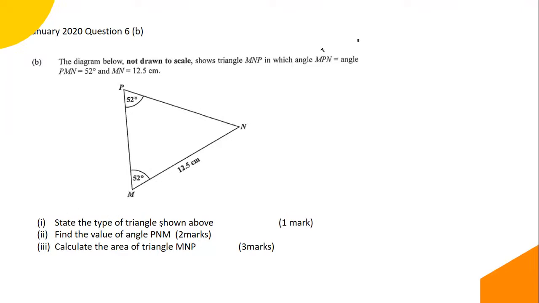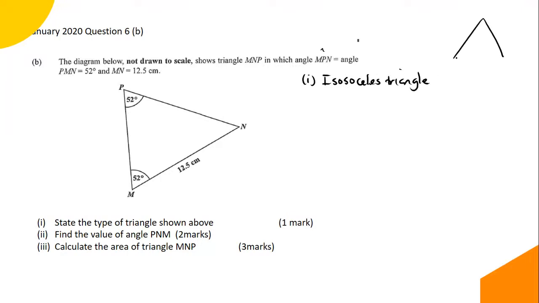State the type of triangle shown above. Well, of course, if you have these two angles equal, for an isosceles triangle, the two base angles are equal. So for part 1, it's an isosceles triangle, right?